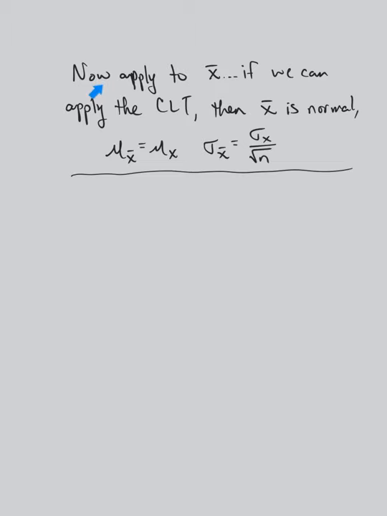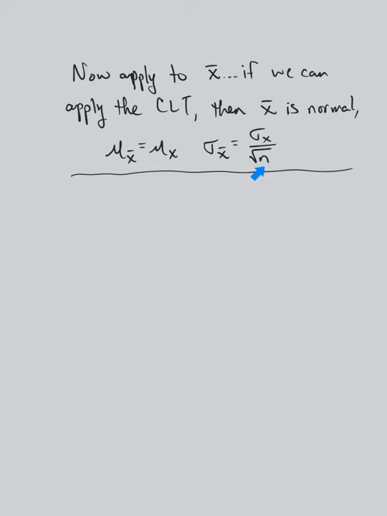So now let's take this principle that we just talked about and apply it to x bar. So to be able to use this principle, we need to know that we can use the central limit theorem. Remember, that means that the sample size is large enough. But if we can use the central limit theorem, then we know that x bar is normal, at least approximately, and its mean is the same as the original mean, but its standard deviation is much smaller.